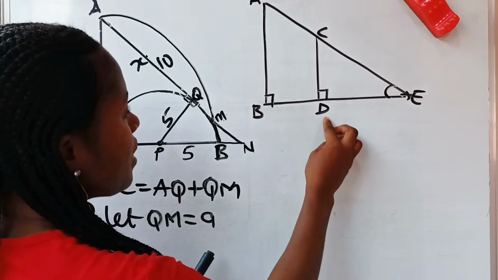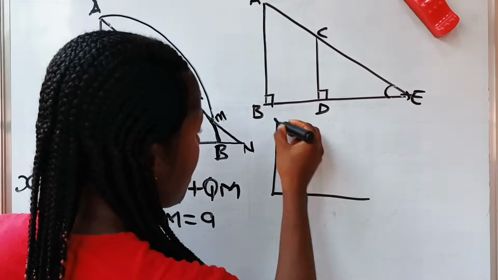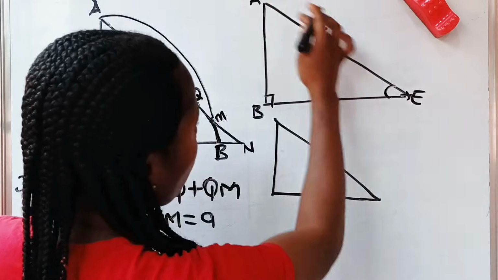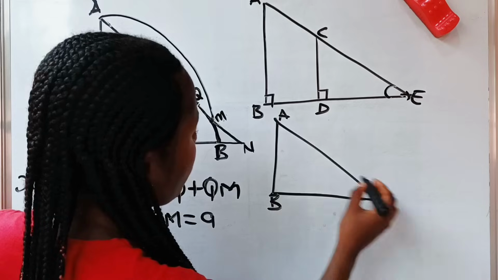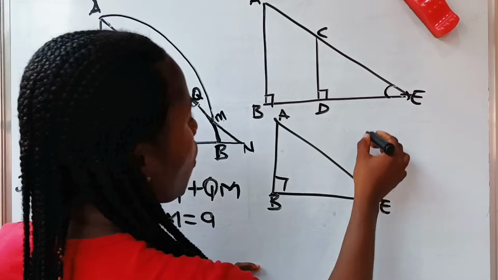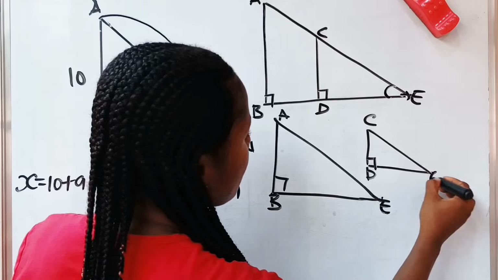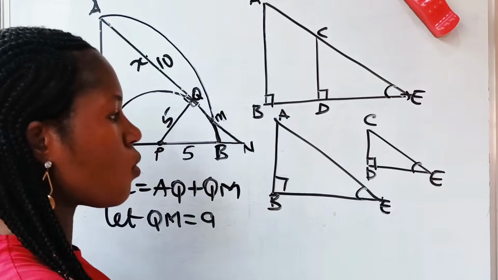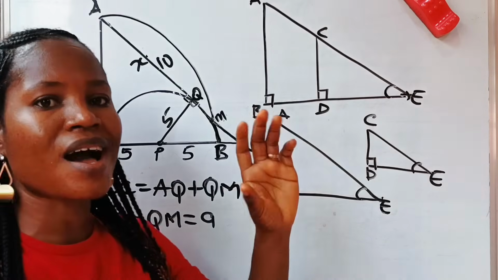As long as this B and D are right angles, we have the first triangle, which is the bigger one, angle ABE, is 90 degrees. Then the smaller one, angle CDE. So they share a common angle and they are 90 degrees parallel to each other. Then two of these angles are similar.